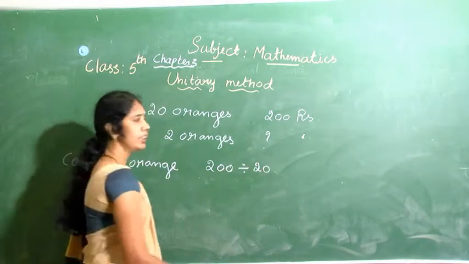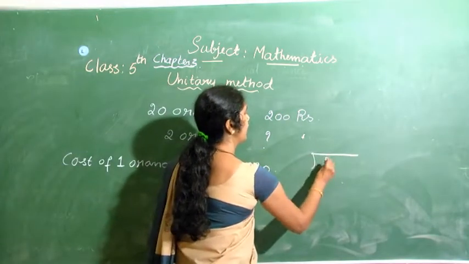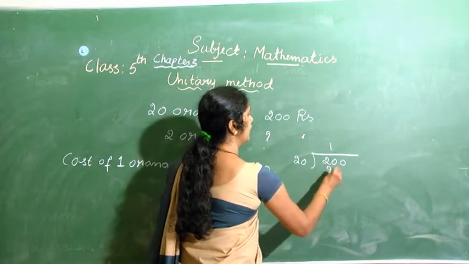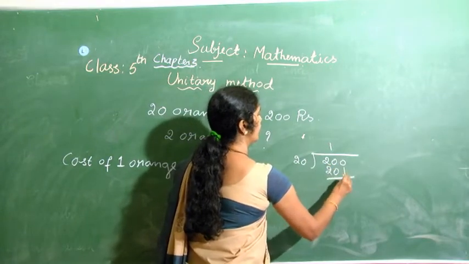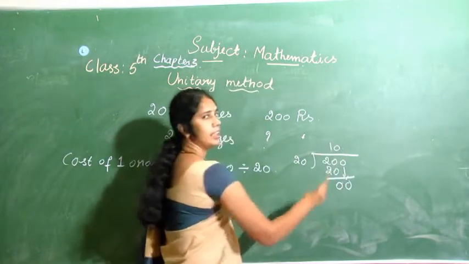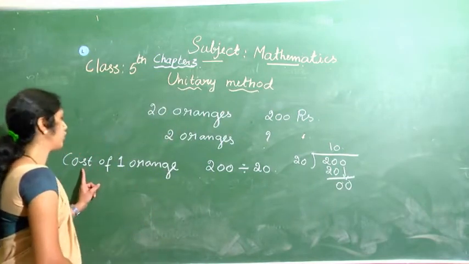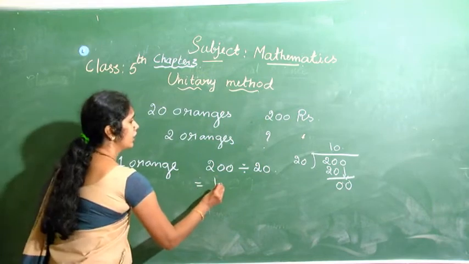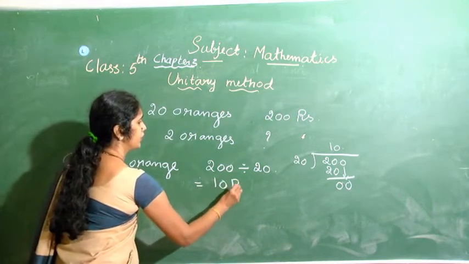When I divide 200 by 20, what will I get? 2 ones are 2, 0, so take 0, not divisible, 10. Therefore the cost of 1 orange is 10 rupees.